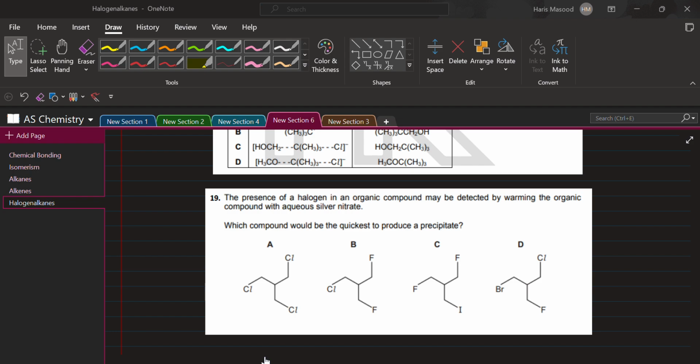Fluorine, chlorine, iodine all form precipitates, but we need the compound in which there is an element that quickly forms the precipitate.